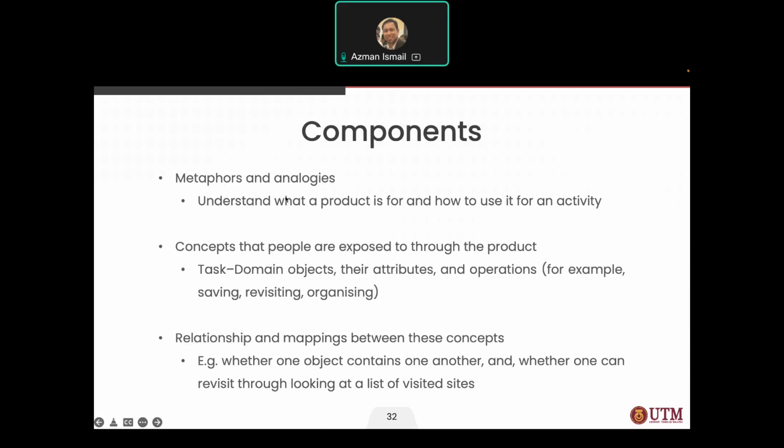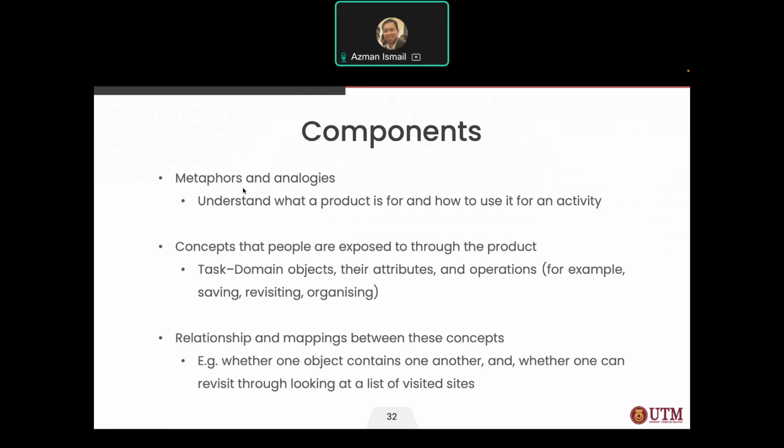So metaphor and analogy are about understanding what the product is for and how to use it for the activities. Metaphor may be a new word for some of you, and maybe analogy is more general. You can imagine that you have some analogy of how existing behavior works.